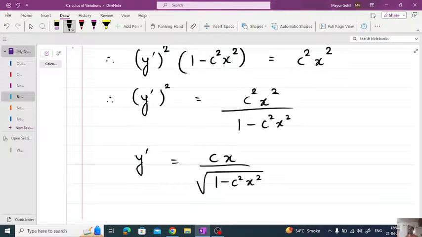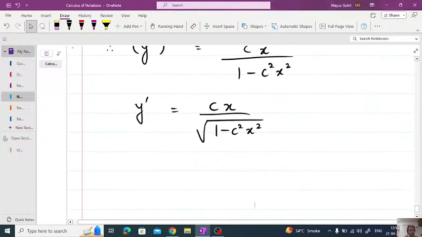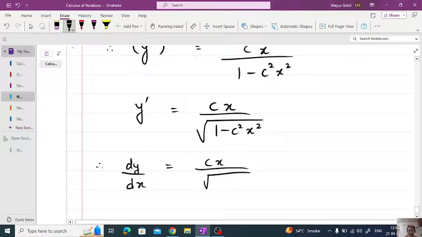So we have got the thing here and we are now able to get the whole thing here. So when you get this, take the square root, after this put dy by dx. Okay, cx over square root of 1 minus c square x square. This is variable separable again.